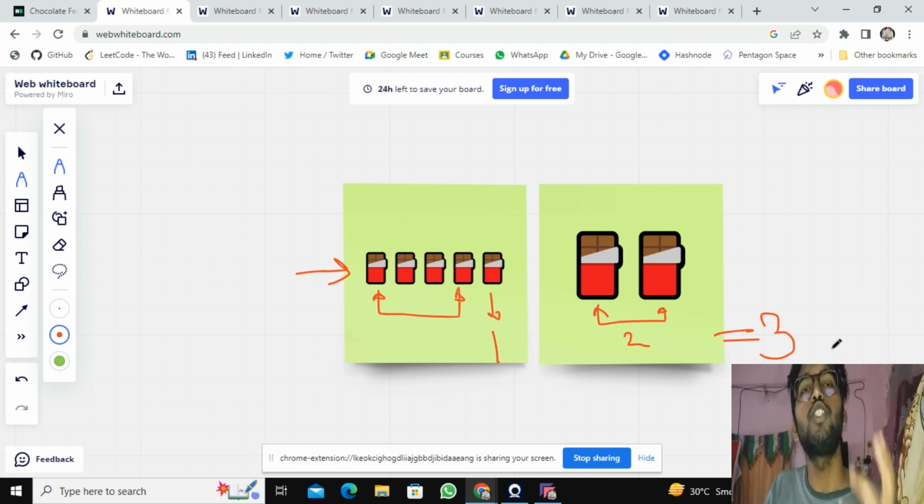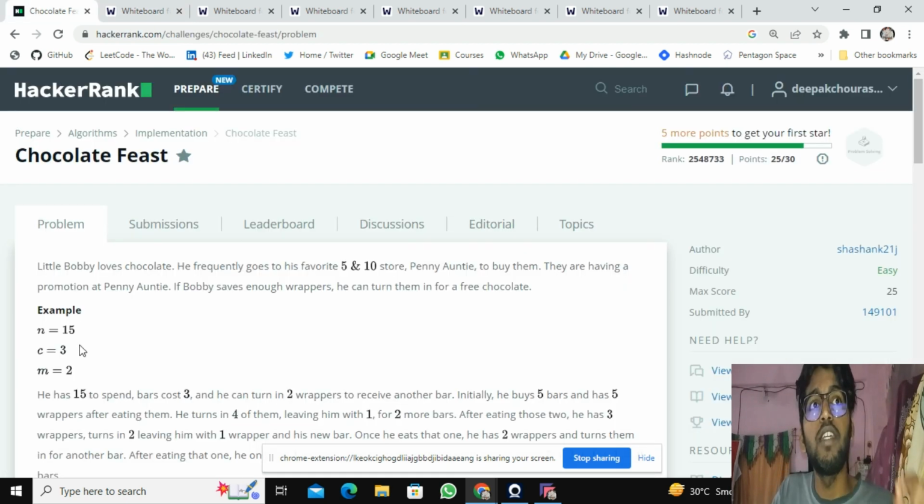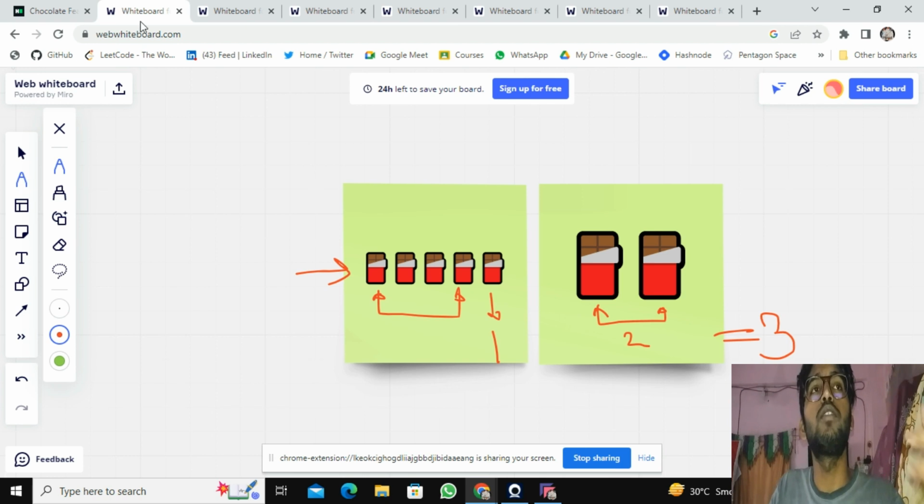From three wrappers, how many chocolates could I buy? If there are two wrappers, I return two wrappers to Penny Auntie and she gives me one chocolate to eat. Two wrappers is the minimum requirement to get one chocolate, and I have three, so from this I'll get one chocolate, and I have one wrapper left. From that I can't buy anything.